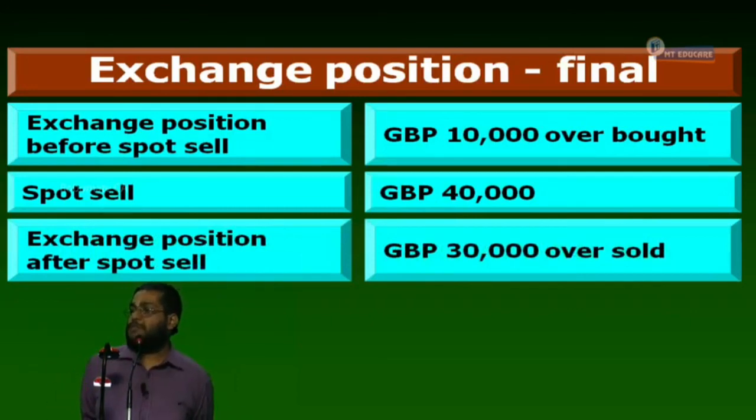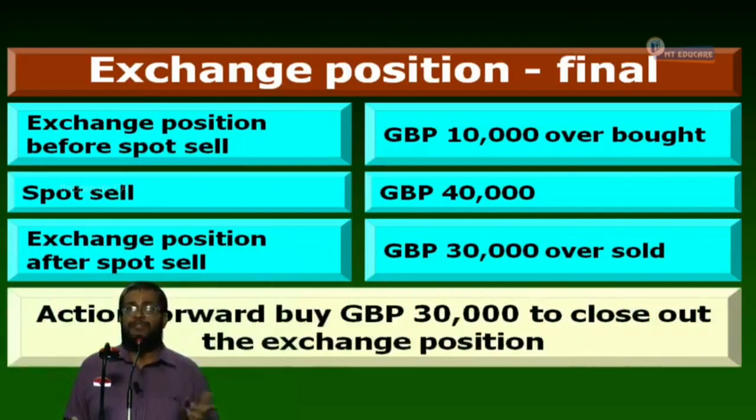Exchange position after spot sell: Great Britain pound 30,000 oversold. Stop writing and tell me, my target should be what? 0. I want to square up. How to make the oversold portion 0? Buy. Should I buy spot or forward? Forward. Action: forward buy GBP 30,000.